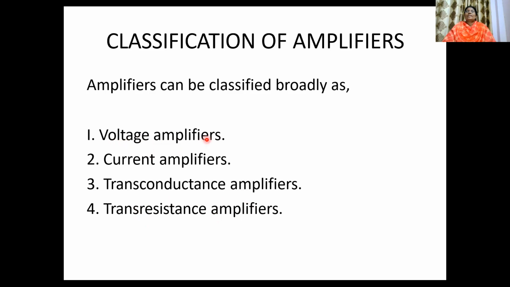A current amplifier uses current sources on both sides. A transconductance amplifier has output current and input voltage source. A transresistance amplifier has output voltage source and input current source. So these are the classifications of the amplifiers, which can be used in the feedback amplifiers. We'll discuss them in later classes.